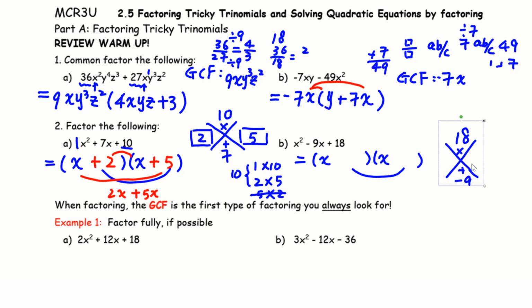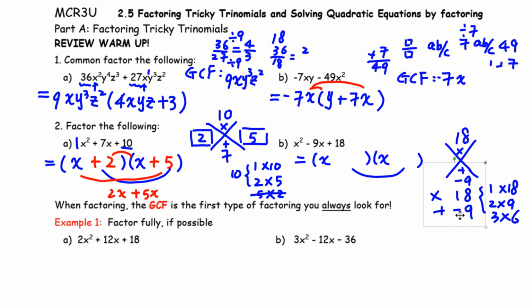And if you don't want this x game, you could just write, okay, two numbers times together 18, add together negative 9, and find the factors of 18 by 18 divided by 1, 2, 3, 4, 5. Keep trying. 18 divided by 1 is 18, 18 divided by 2 is 9, 18 divided by 3 is 6, 4, 5 doesn't work, then 6, 3 repeat. So we stop there. So we have 3 pairs of factors for 18.